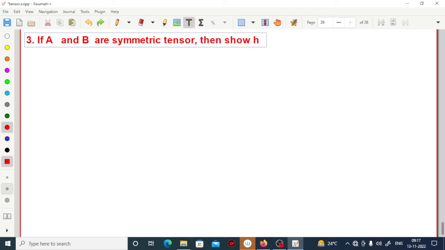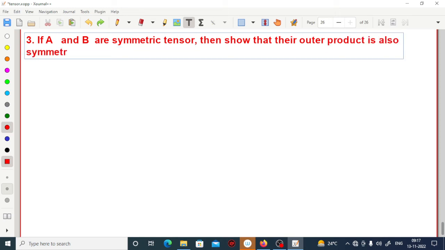এবার খুব ইন্টারেস্টিং জিনিস আমি বলছি, আজকে যা কিছু শিখেছো তাদের একটা কম্বিনেশন আমি এই নেক্সট প্রবলেমে তোমাদের দিচ্ছি। If Aij contravariant and Bij contravariant are symmetric tensors, then show that their outer product is also symmetric.